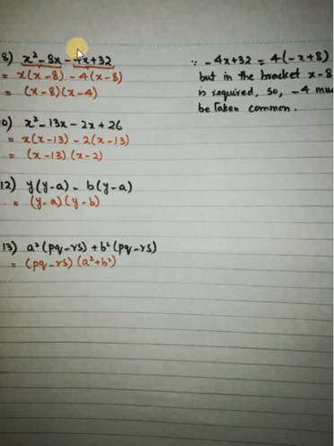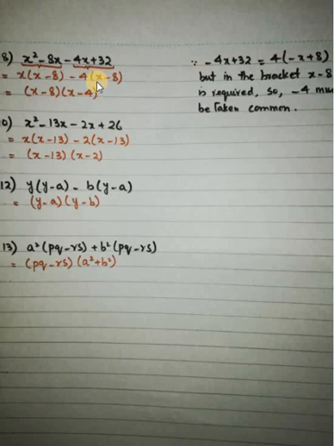Again, when you take 4 common from these two terms, you will have to be careful such that you must get x minus 8 inside the bracket. So, if you take 4 as a common factor, just 4, you will be left with minus x plus 8. But you need x minus 8.